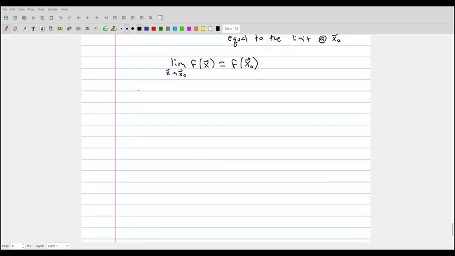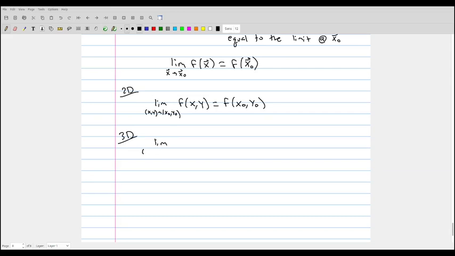In 2D, this is the same thing as saying the limit as (x, y) goes to the point (x naught, y naught) of f of (x, y) is equal to f of (x naught, y naught). Or say, in 3D the notation is similar.